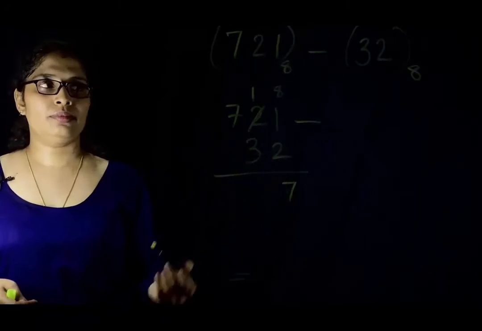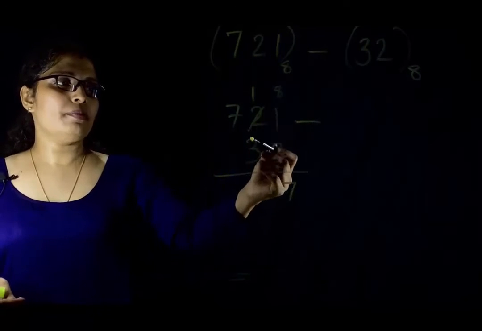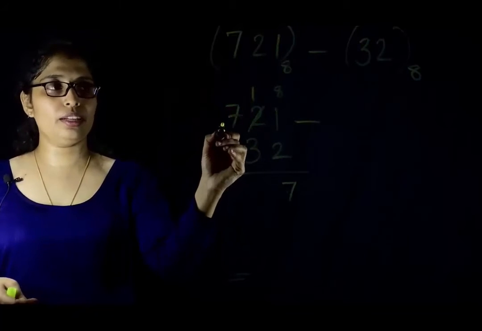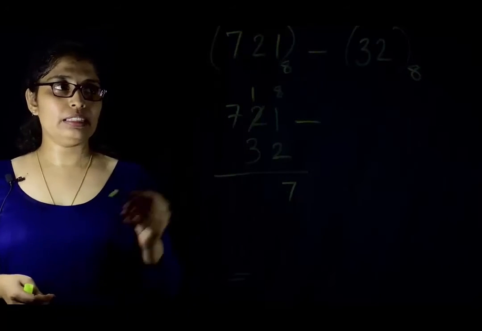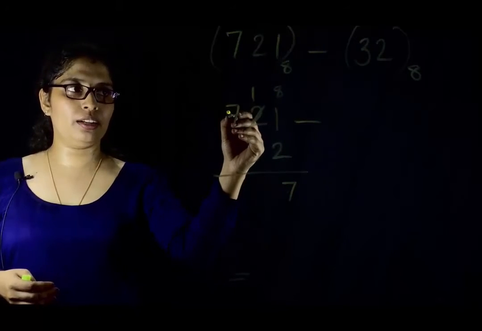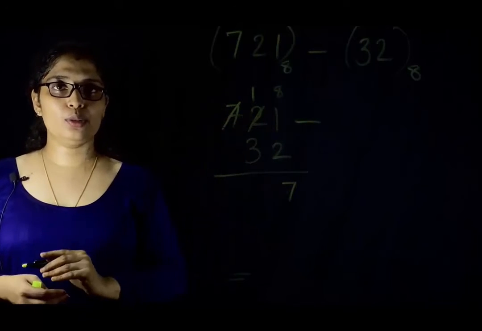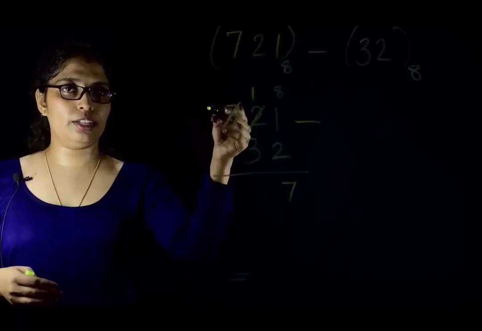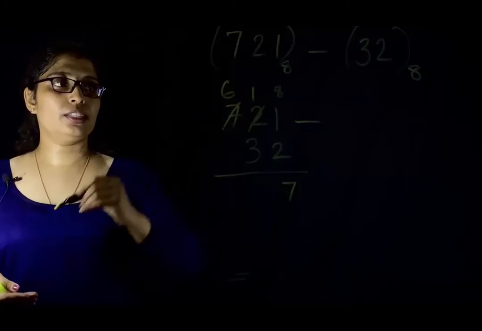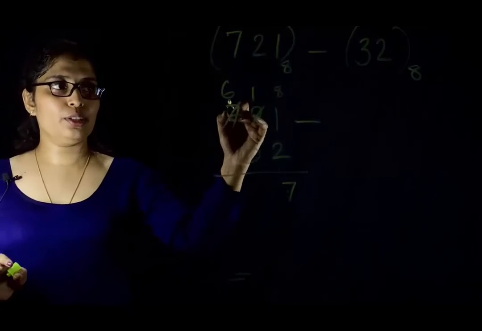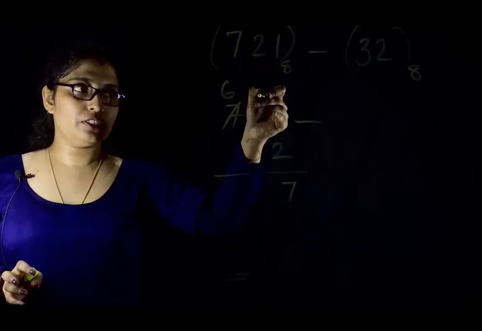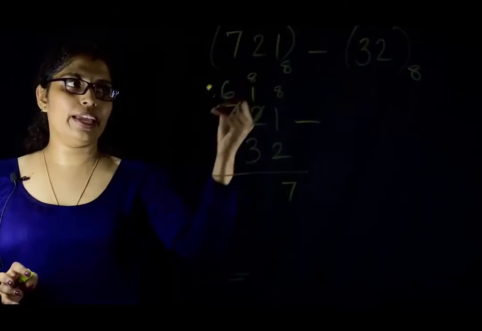Now 1 minus 3. 1 is less than 3, so 1 minus 3 is not directly possible. We need to take a borrow again from its next neighbor. By passing a value to this position, the neighbor is reduced by 1, so 7 becomes 6. That borrowed value, after reaching here, becomes the base value 8.